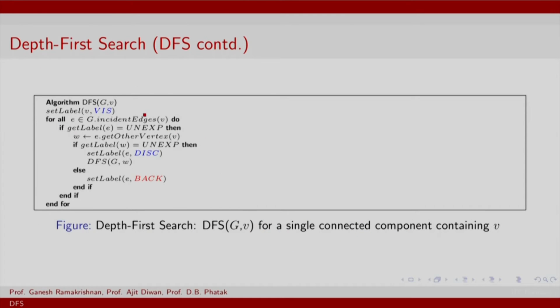So the DFS iterates over every node in the graph, and in fact you begin with all the edges incident on a node. I am going to illustrate this now. So here we begin with some nodes 1, 2, 3, 4, 5.